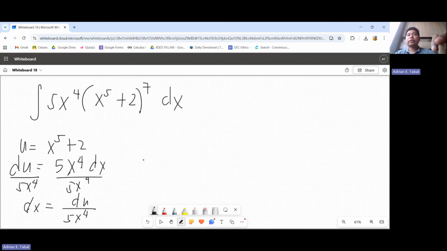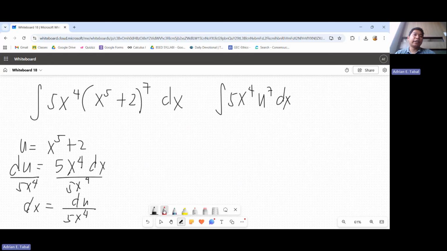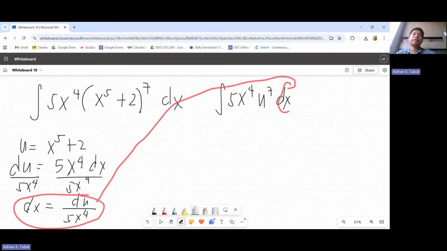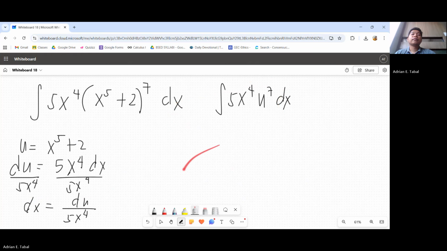And we will go back to our function. So we have 5x raised to 4, and since x raised to 5 plus 2 is our u, we write u raised to 7 dx. Next, we have the value of our dx, so we substitute it.